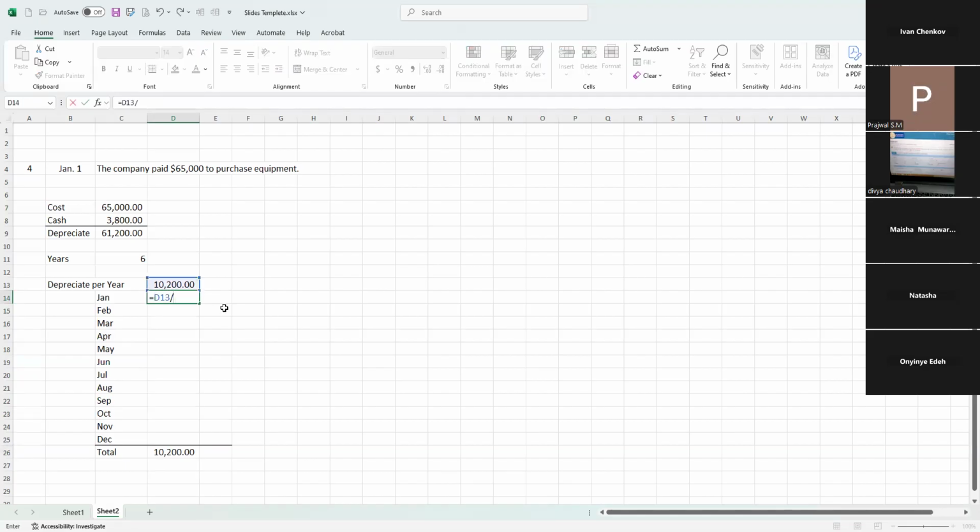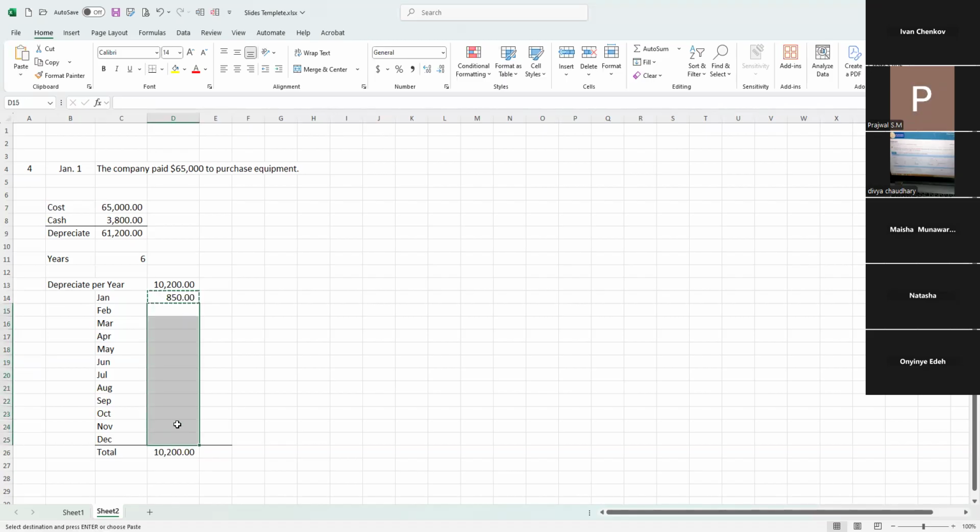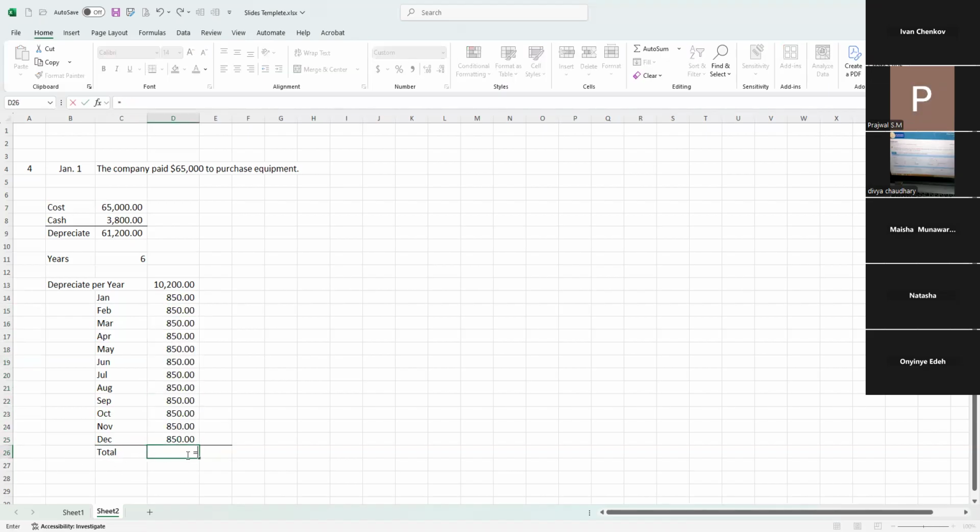Divided by 12. Yeah. So if I put 850 here and all the way to the bottom, at the end of the year my total depreciation is going to be 10,200.